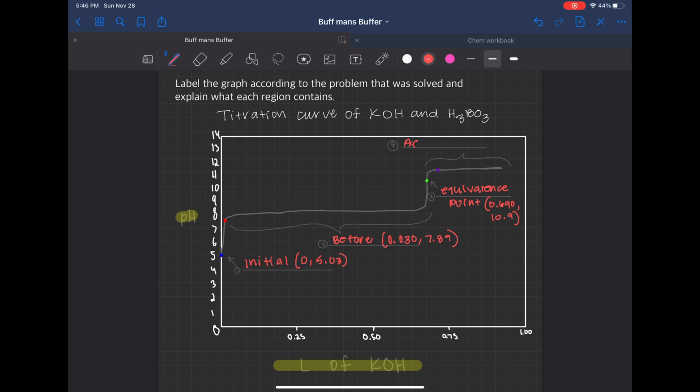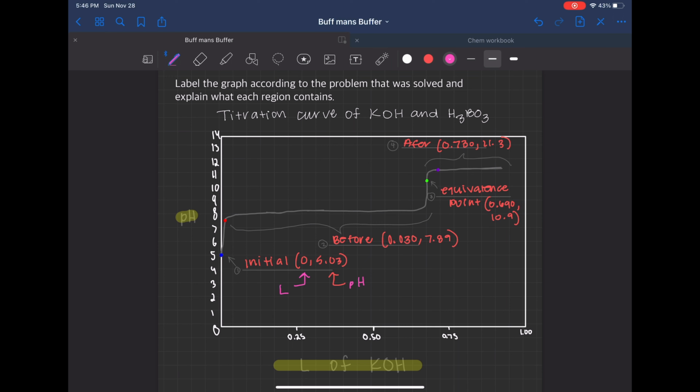And then for our last and final region, which is after the equivalence point and after the KOH is fully in there, our liters is going to be 0.730 and our pH is going to be 11.3. And this is just showing you guys what the points mean on the graph.